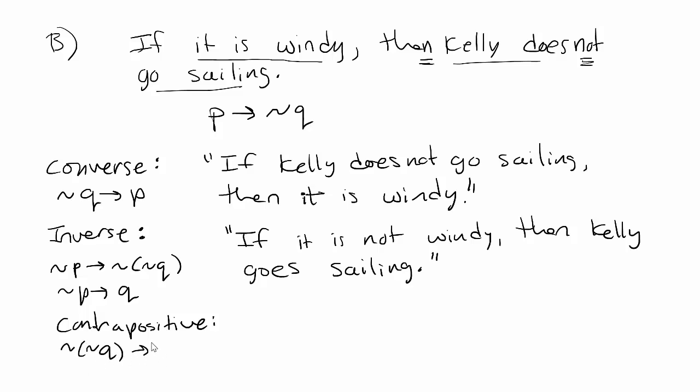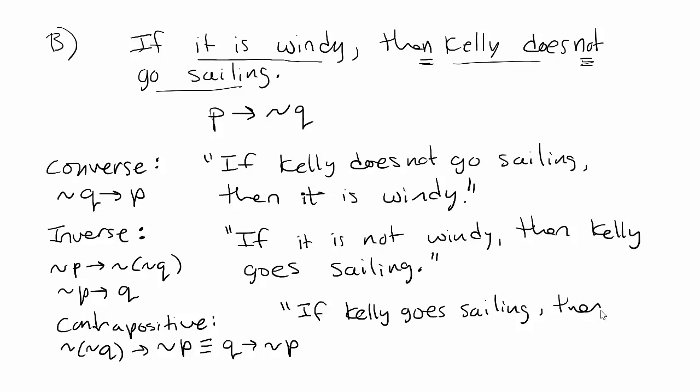If not Q, then not P. But that seems a little silly, so we're going to write this in equivalent form using our double negation law to write if Q, then not P. And then in sentence form, this is going to be if Callie goes sailing, then it is not windy.